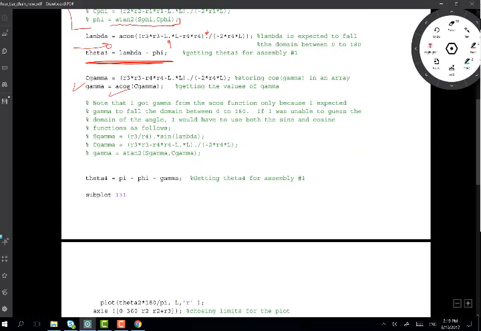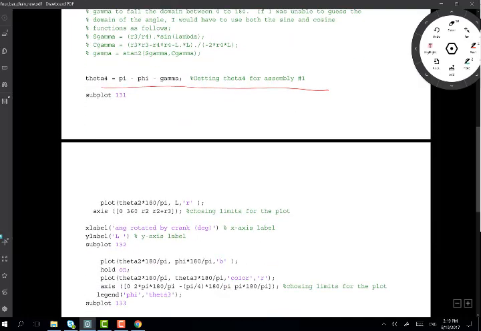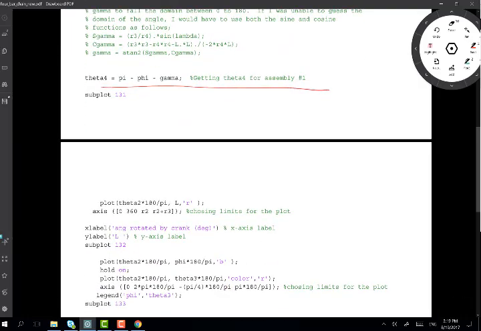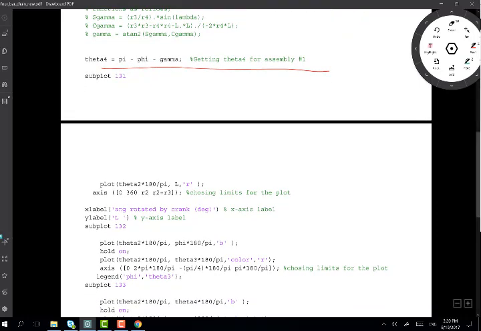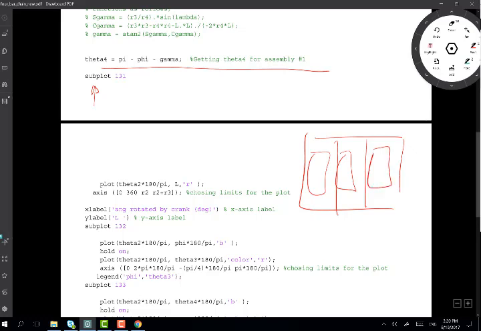Over here, I calculate theta 4 for assembly 1, and then I decided to put the values for the angles, phi, theta 4 and theta 3, in plots. I put them in a subplot, which is where you draw different plots on the same graph.